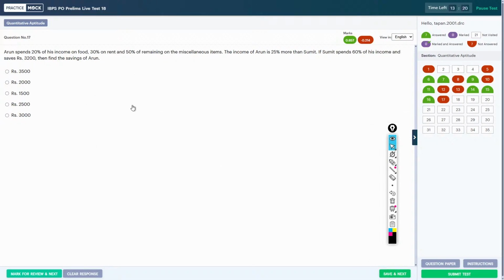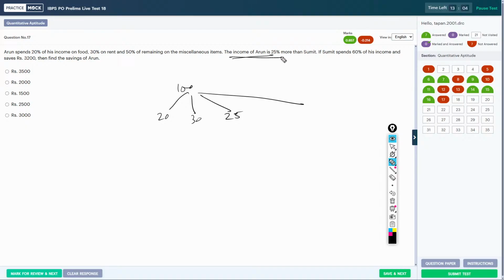Arun spends 20% of his income on food. Find total savings is asked. So 100 income, 20% food, 30% rent, 50% of the remaining. So 50, 50, 25% on miscellaneous. The income of Arun is 25% more than that of Sumit.